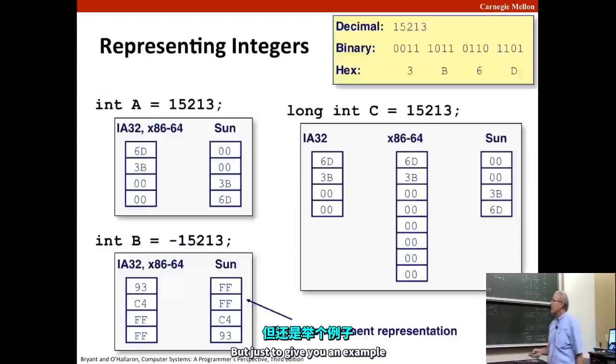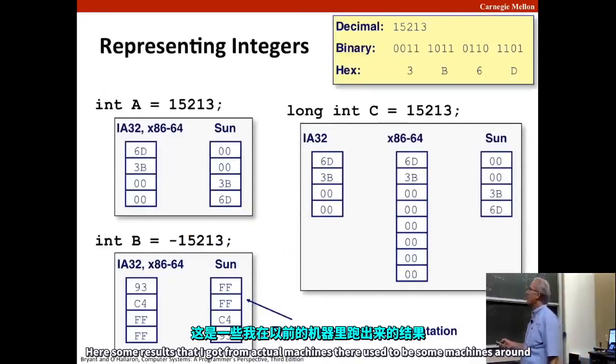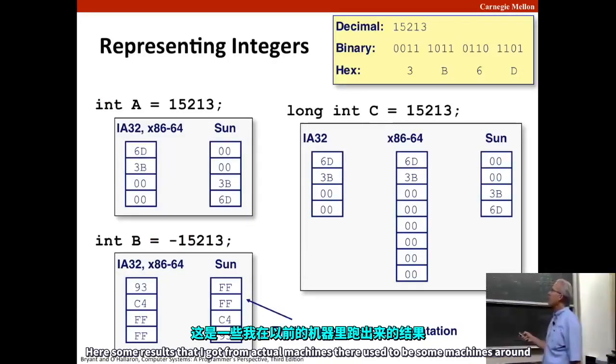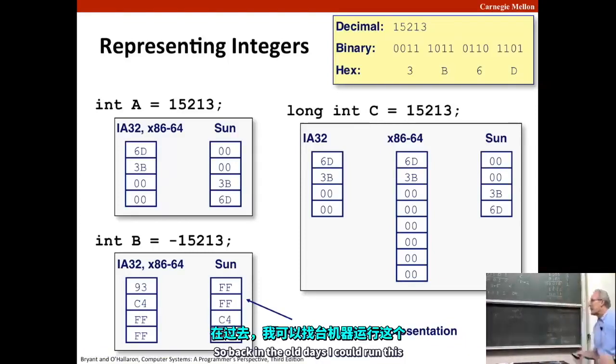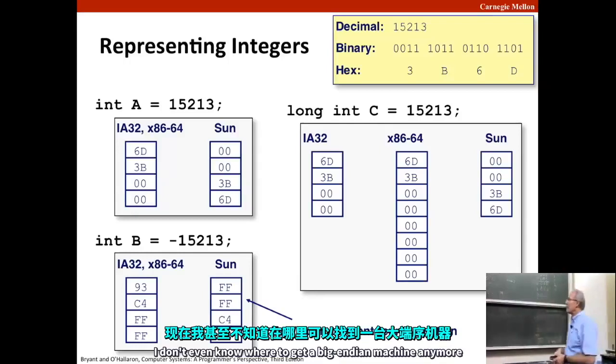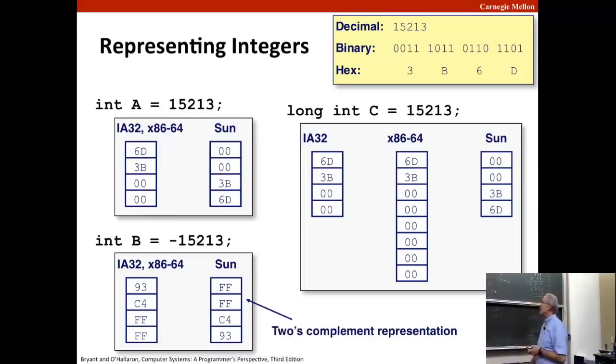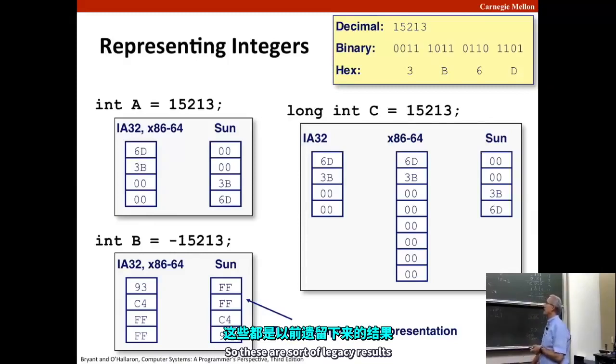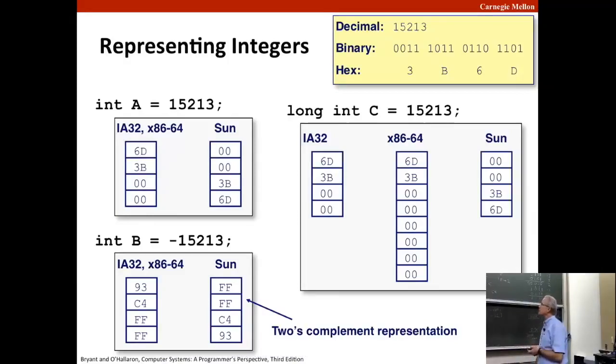But just to give you an example, here are some results that I got from actual machines. There used to be Sun machines around. So back in the old days, I could run this. I don't even know where to get a Big Endian machine anymore. So these are sort of legacy results.